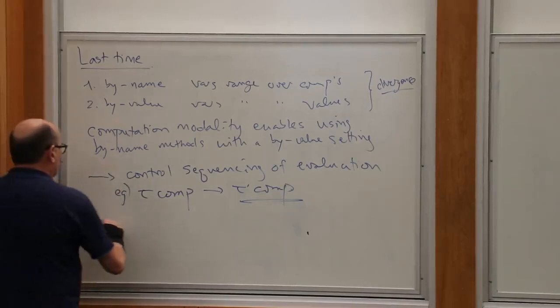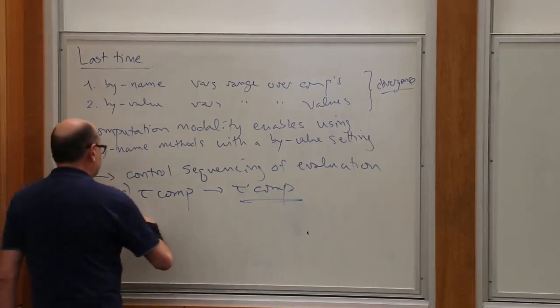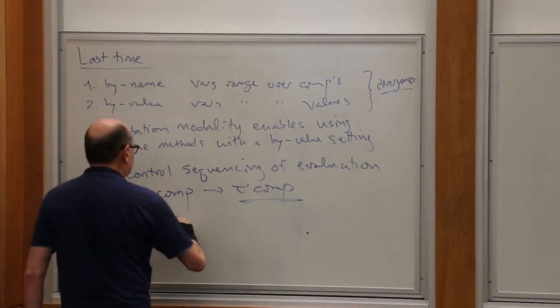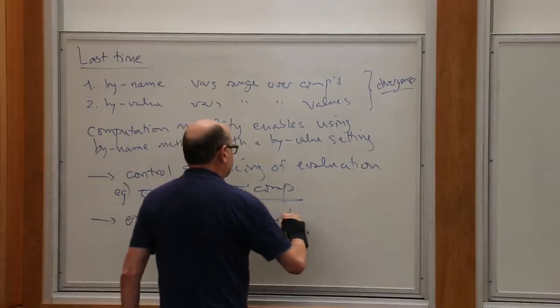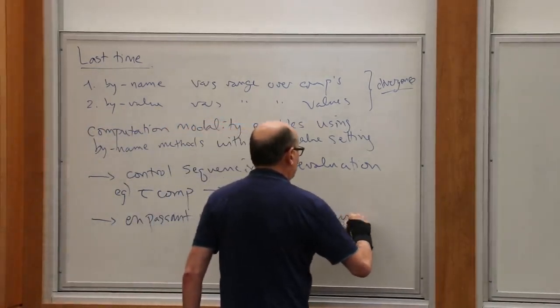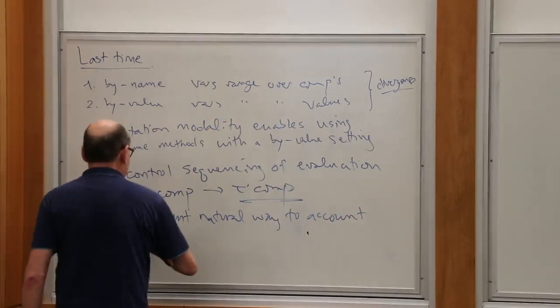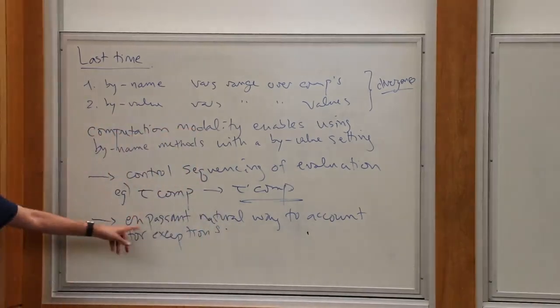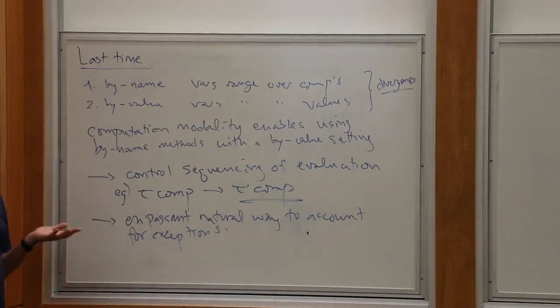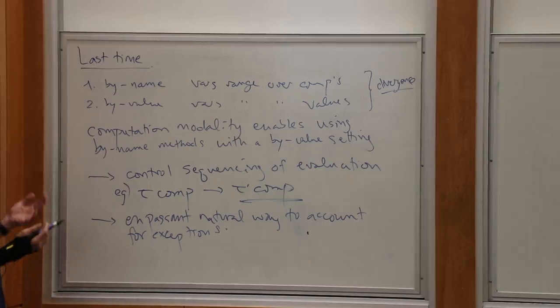And then what's nice about that is that en passant, it provides a natural way to account for exceptions. Not counterexamples, but program exceptions. It's very natural because you just say, well, there's two forms of termination, so to speak.